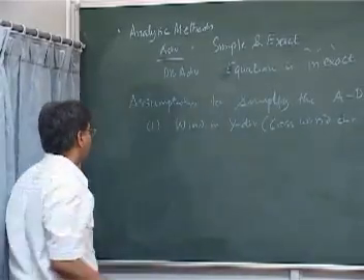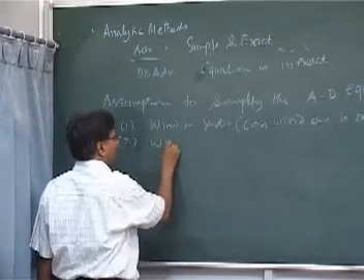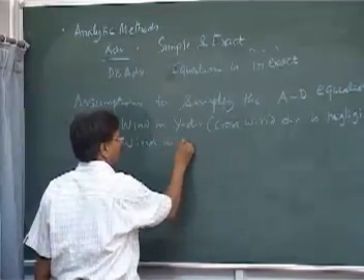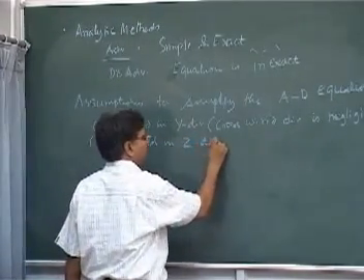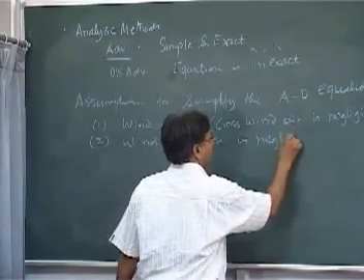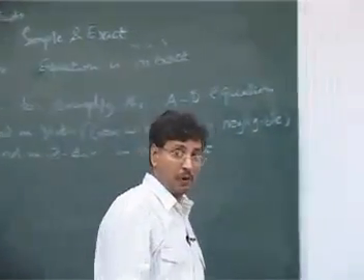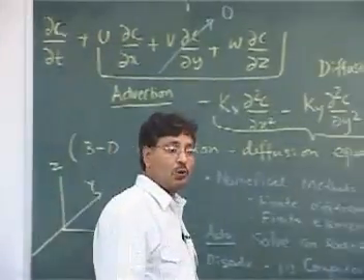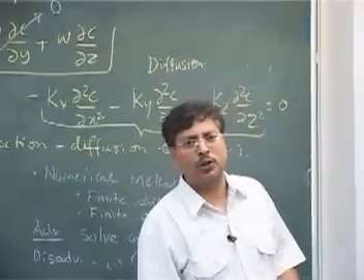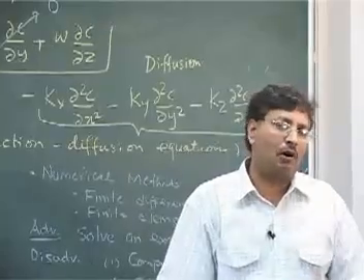So assumption number 2, wind in z direction is negligible. These are important things to understand, as I will get a solution which you will use very frequently, or if you stay in the air pollution field, you will use it all your life long.